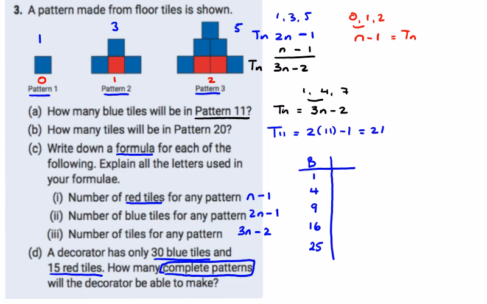And for red, the total number of tiles in pattern 1 is 0. Then there's 1 total. Then 2 total. Then 3 total. Then 4 total. So there's a lot of red left over. We've 15 of them, 6 in pattern 7. So blue looks like it gets to 30 pretty quick. 1 and 4 is 5.